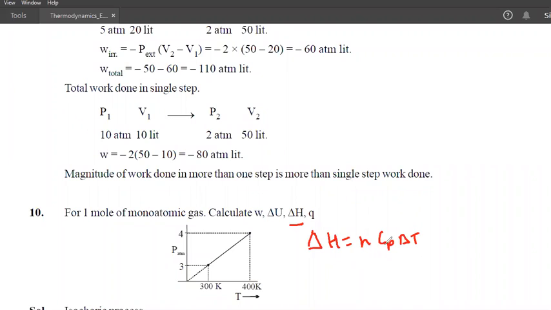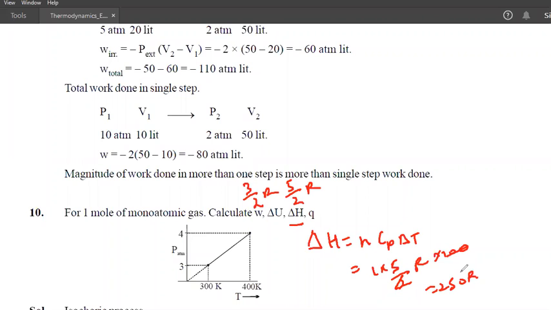At constant pressure, Q is delta H. So n is equal to 1 and since Cv is 3 by 2 R, Cp is 5 by 2 R. So it will be 1 into 5 by 2 R into 100. So 250 R. Very good, Sneha.